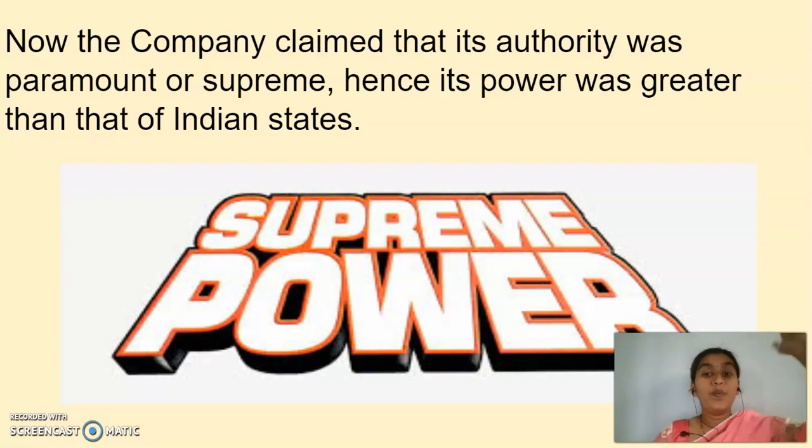The judgment we get from the Supreme Court has no comparison; it is the supreme, highest authority. In the same way, the British took supreme authority. That is the reason their power was greater than that of our Indian states and Indian rulers. More than our Indian rulers, they got the power. That is the supreme power they got.